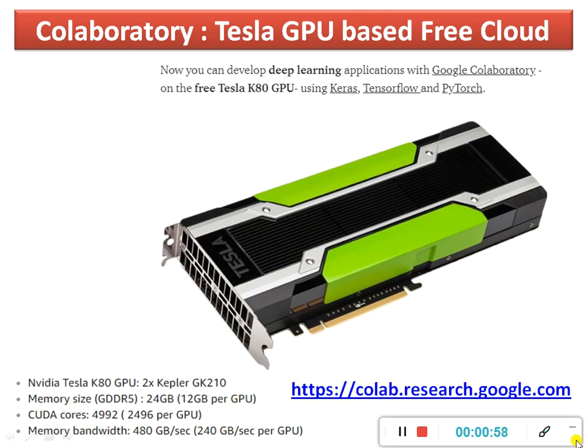The algorithms for convolutional neural networks and GANs need a specific type of processor, a specific type of device, that is your GPU.